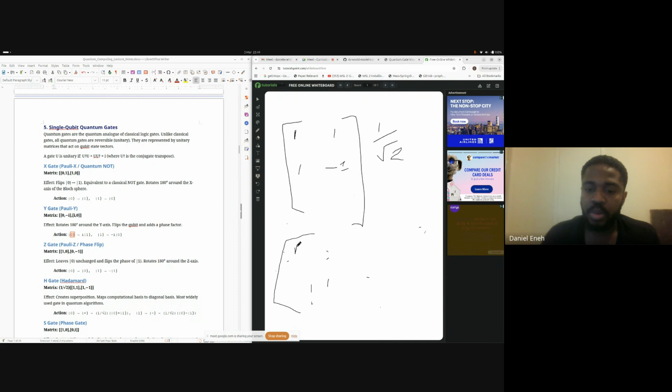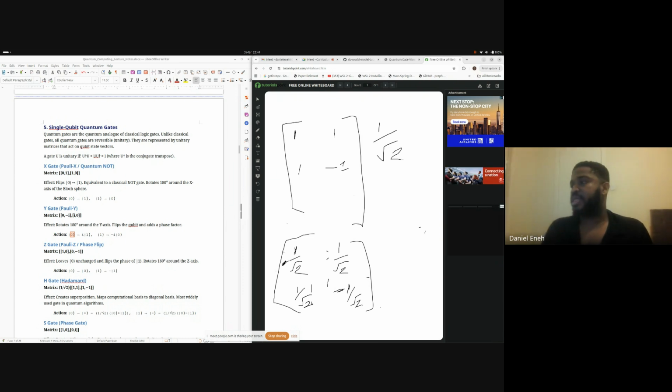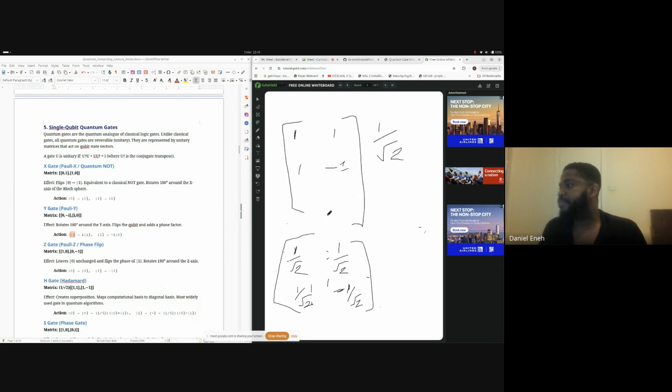You're having 1 over root 2, 1 over root 2, and this is what it means in 4, minus 1. Does that make sense? Anybody understand what this is? Good. So do you people get this? Do you get the concept here?